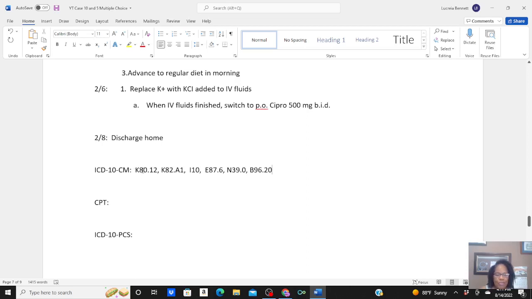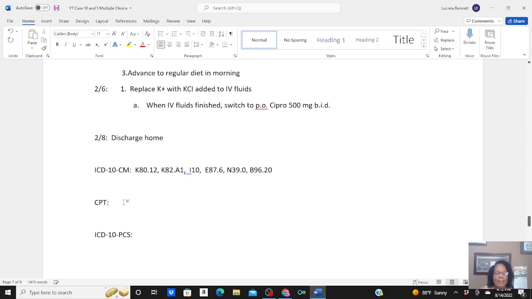All right, so did all of you catch all these codes? Again, your acute and chronic cholecystitis, K80.12, with lithiasis, and because it was gangrenous, K82.A1. She had hypertension, I10, hypokalemia, E87.6, a UTI, N39.0, and it grew out E. coli, B96.20.